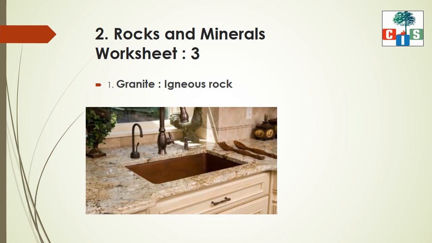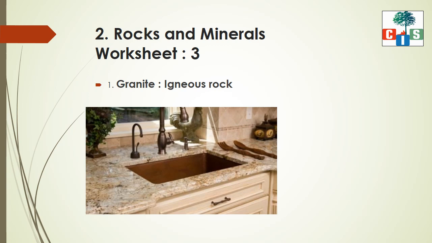Now, in worksheet 3, there is one picture of a stone. That rock, we can see on this kitchen top. This is nothing but granite. And what is granite? Granite is nothing but an igneous rock.